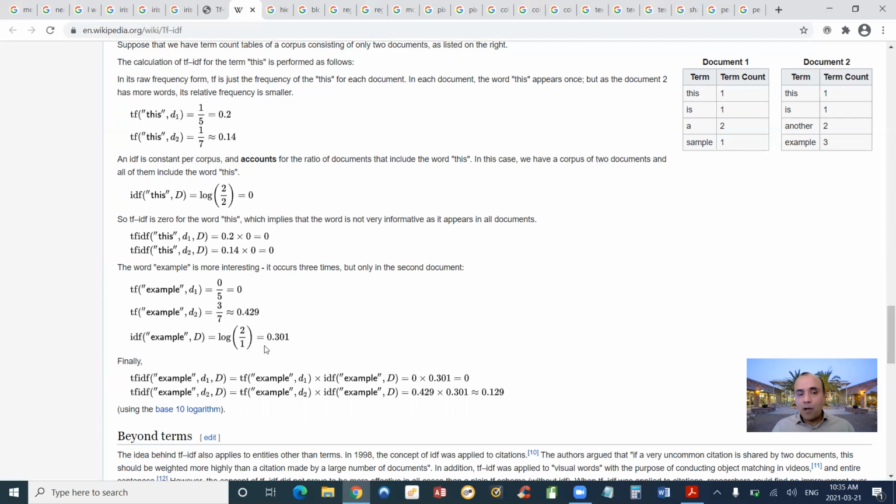So 2 divided by 1, log is 0.3. Remember, this is log base 10, and therefore example in D1 is going to give me 0. There is no example here anyway, so there is no significance here. But in document 2, there is significance, and the significance is going to be 0.129.